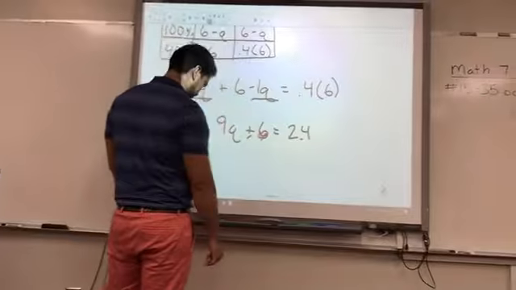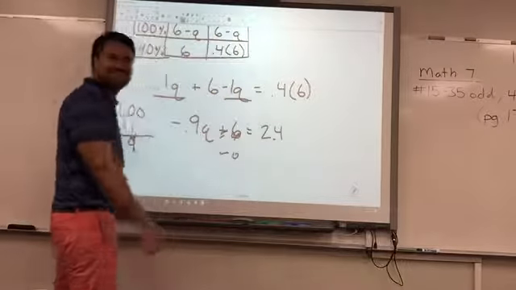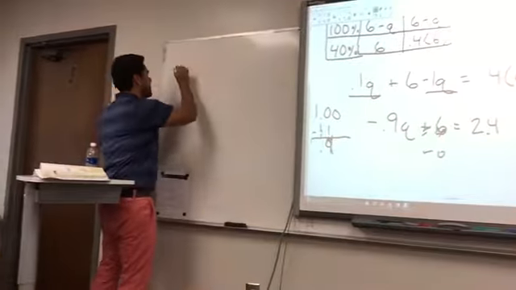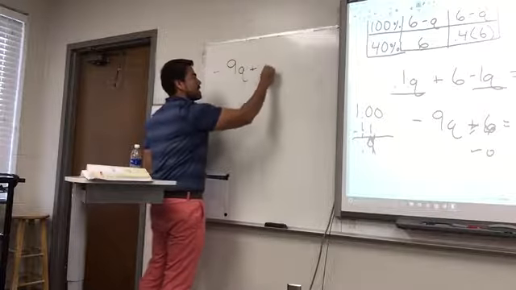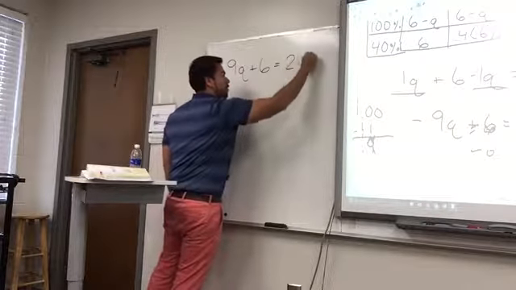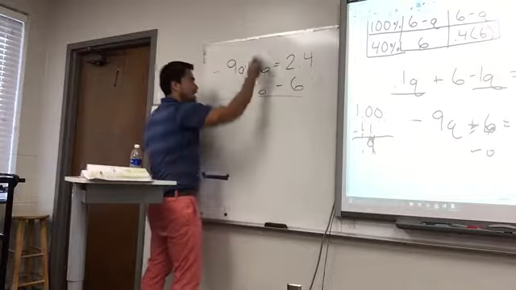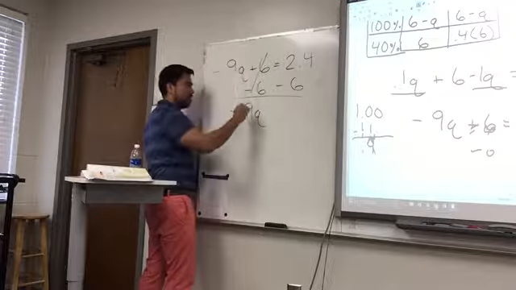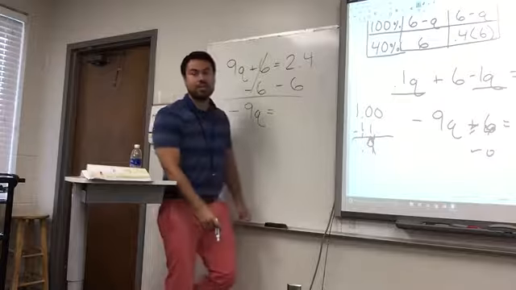Subtract 6. We're going old school here. Negative 0.9q plus 6 equals 2.4. I'm going to subtract 6 from both sides. And that cancels out. I'm left with negative 0.9q right here. And then, can you guys subtract that out properly?